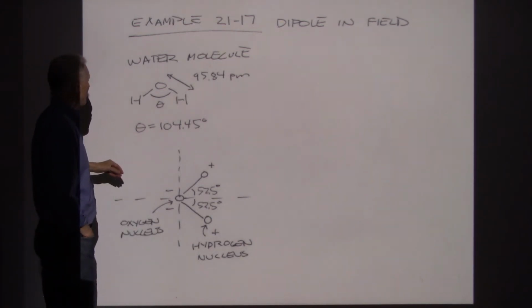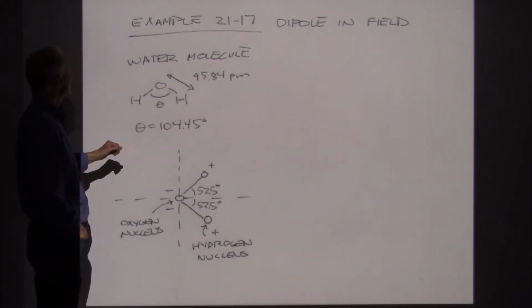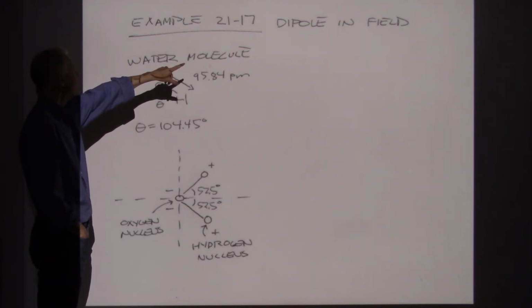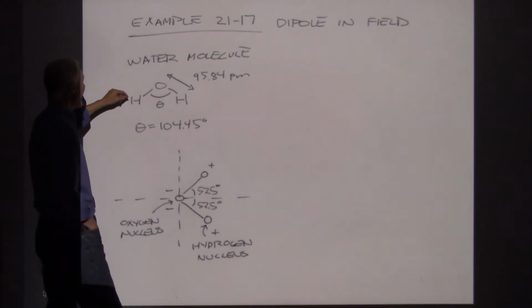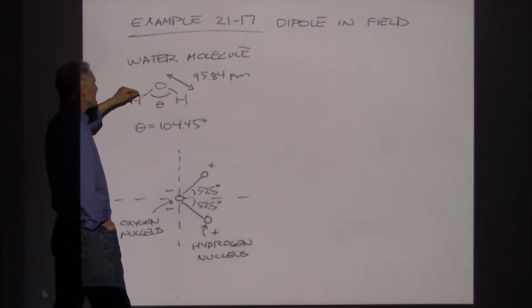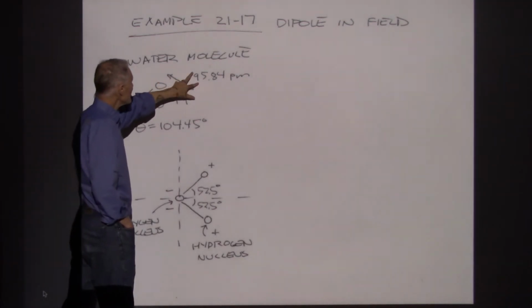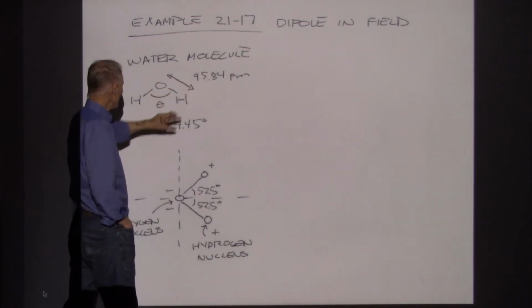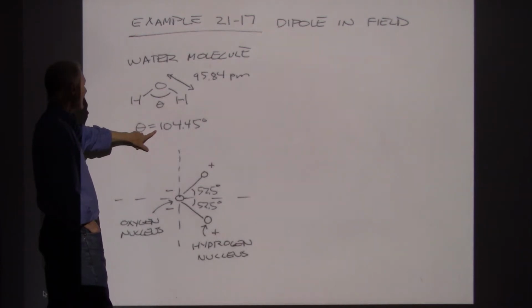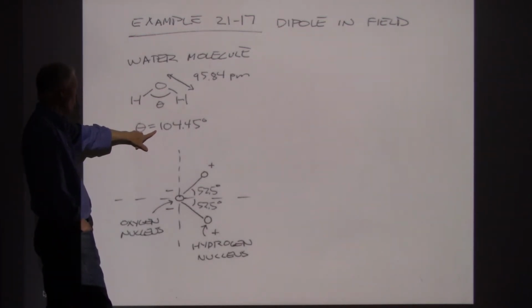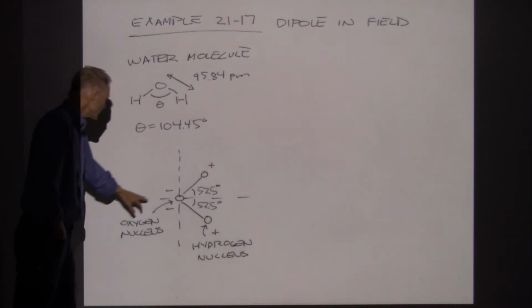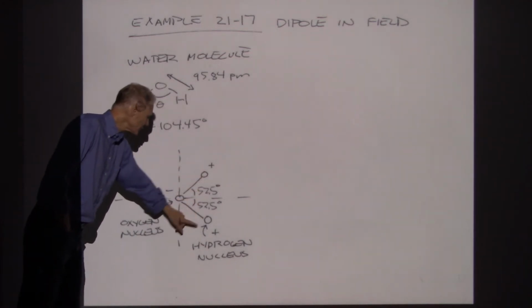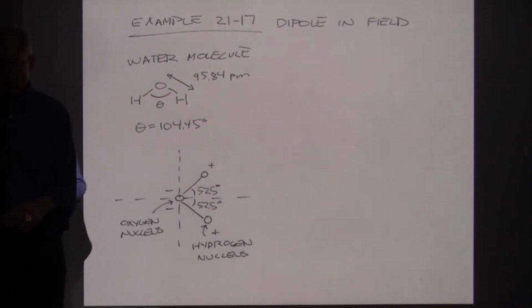So here is the water molecule inside that field, and let's look at some numbers on the water molecule. So this is 95.84 picometers, and the opening angle here has been measured at 104.45 degrees. And so here's an oxygen nucleus, here are the hydrogen nuclei, and they're separated by this distance.